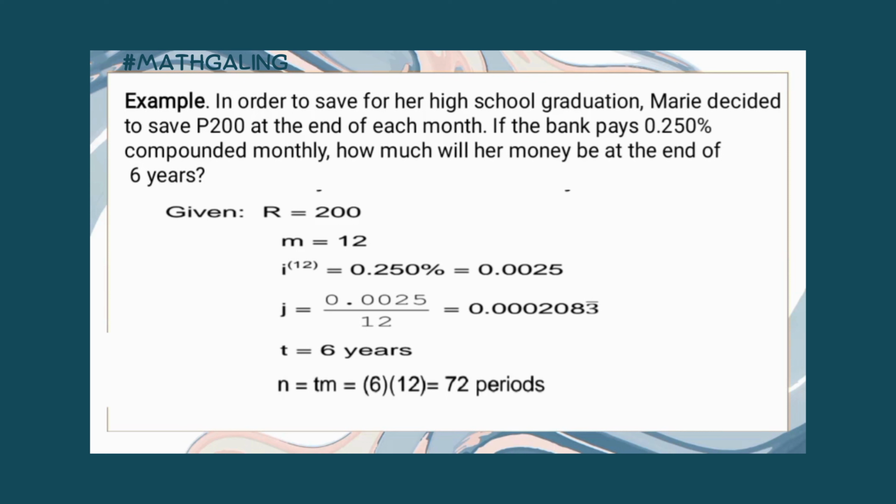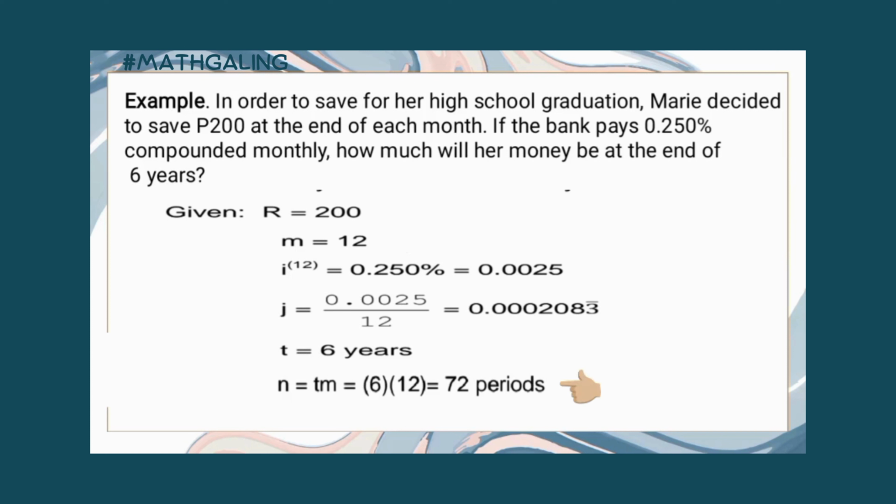So here are the givens. Regular payment is 200 pesos and the interest rate is 0.250%, which will be 0.0025. We just convert it to decimal, and the term or time is 6 years. And m is 12 since it is compounded monthly.